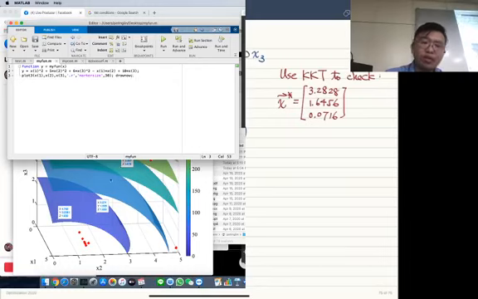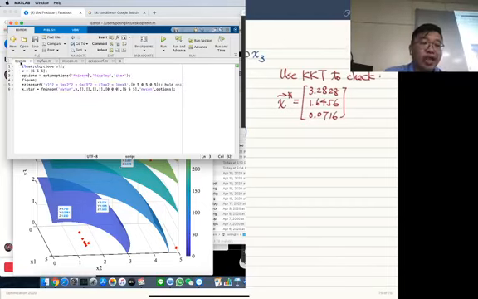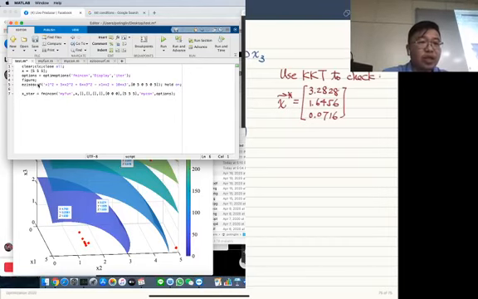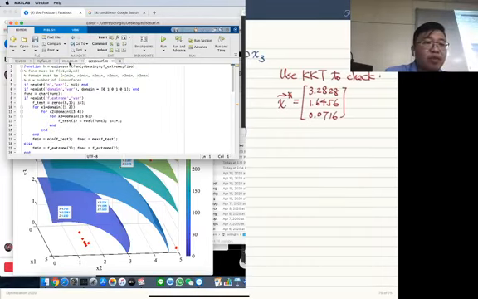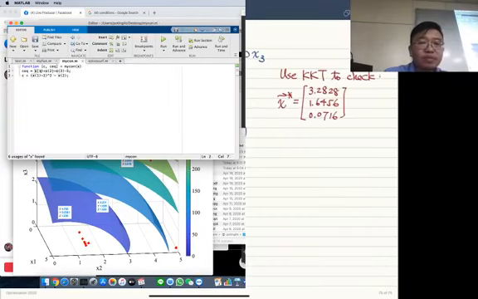Okay, but it's hard to tell what happened if we don't draw the constraint. So let's also draw the constraint using the same function. We have this one.